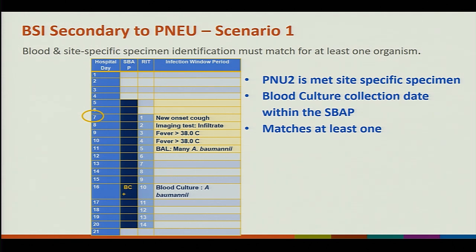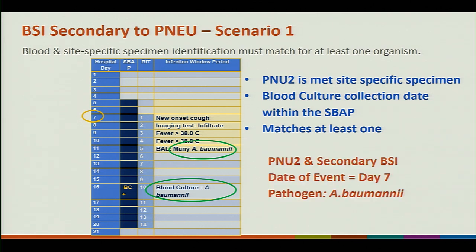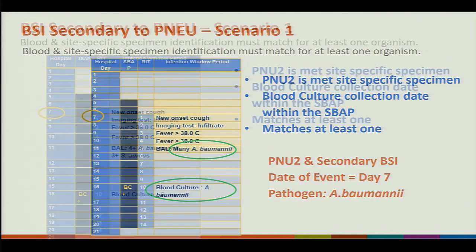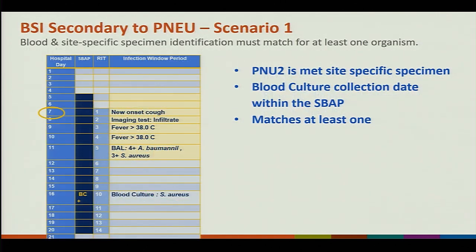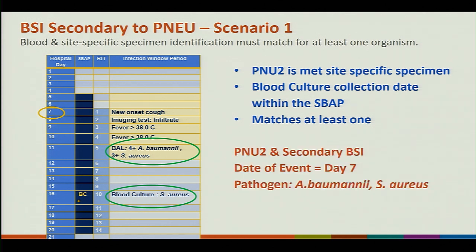We have a blood culture with a matching pathogen to the site-specific specimen, so the blood can be secondary to the pneumonia event. Here we have the same scenario, only this time the BAL has Acinetobacter baumannii and Staph aureus, and then we have a blood culture with the collection date in the SBAP. The blood can be secondary to the PNEU event.